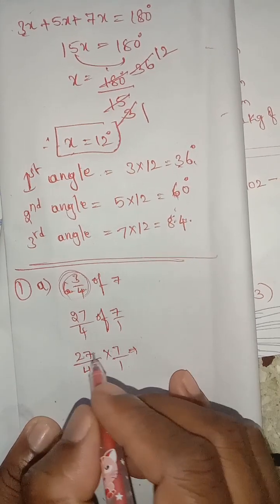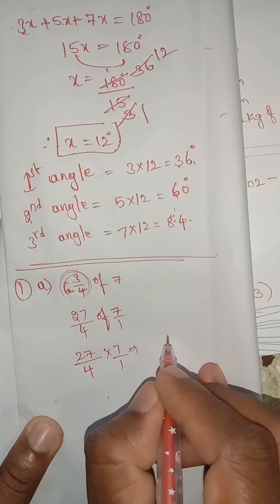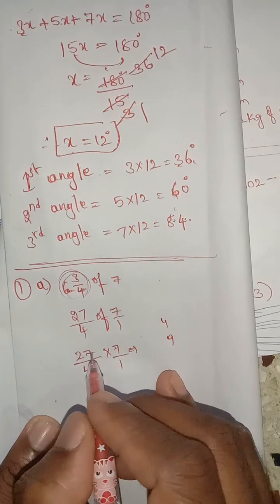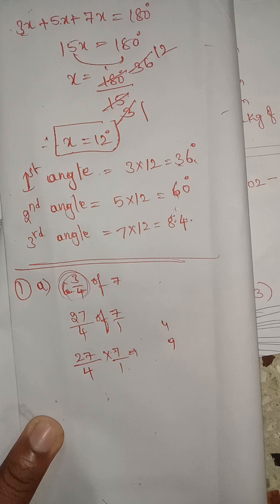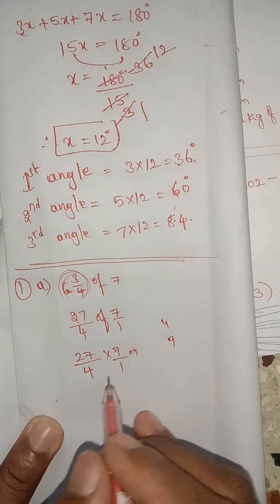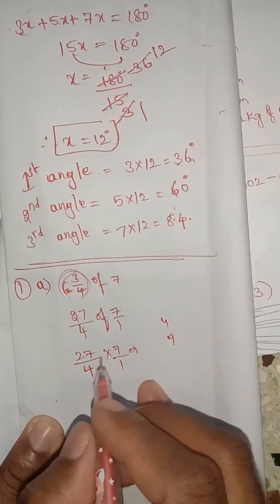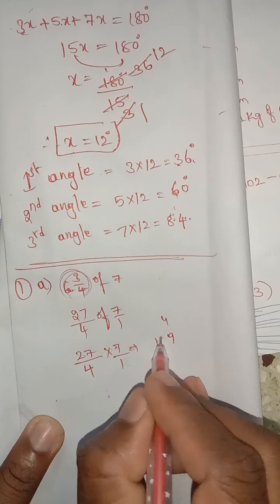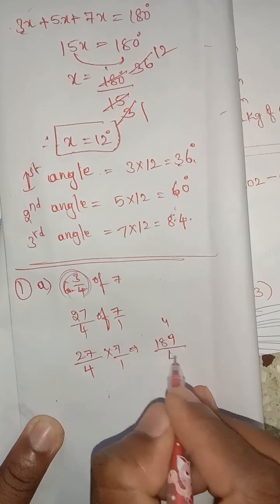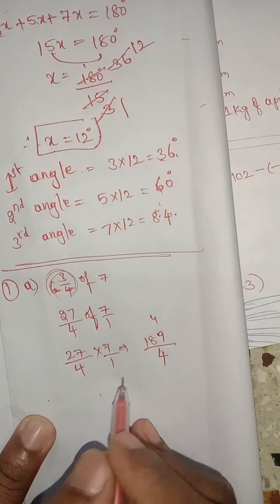7 sevens are 49, 7 twos are 14, plus 4 is 18, giving 189 by 4.